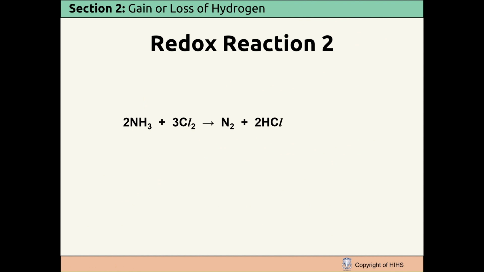Ammonia and chlorine. So I'll pause here for a while, give you a few seconds, try and determine, or you can pause this video here, and then you attempt to see which one is the oxidizing agent, which one is the reducing agent, who is oxidized, who is reduced. Okay, so I'll write here, who is oxidized, who is reduced.